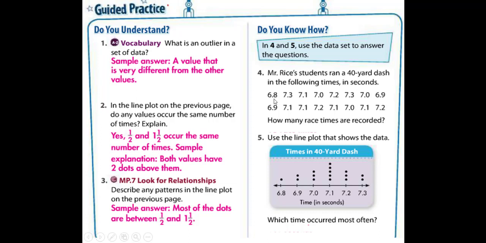Okay, it's 40 yards. How many race times are recorded? Like how many students have recorded their times? So 1, 2, 3, 4, 5, 6, 7, 8, and double that, that's 16. So 16 students or 16 race times, no problem.